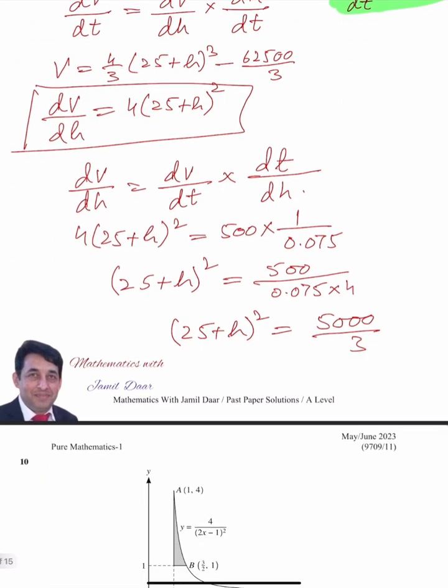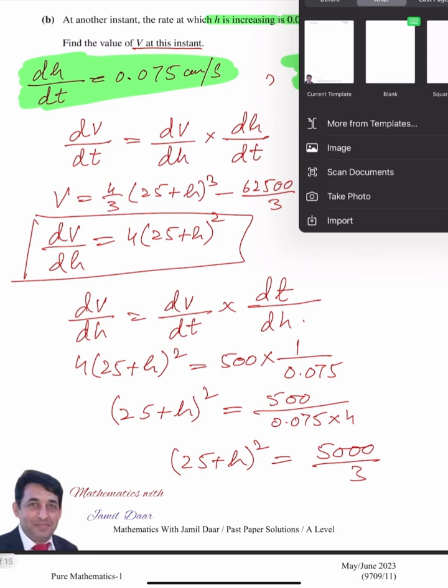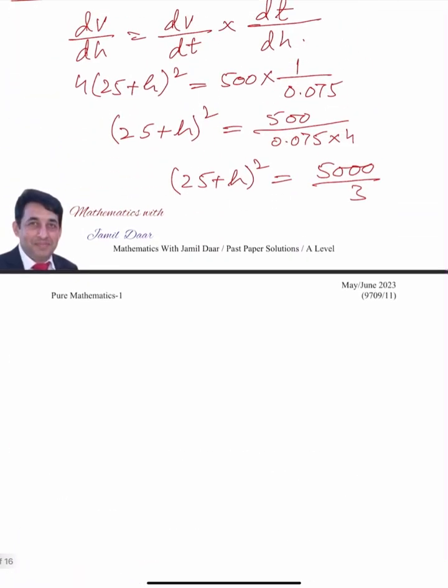Okay, so let me add one page. This will become 25 plus h equal to the square root of 5,000 over 3.